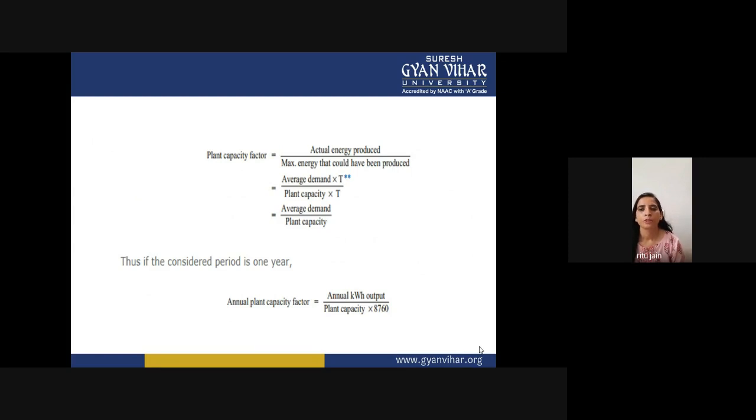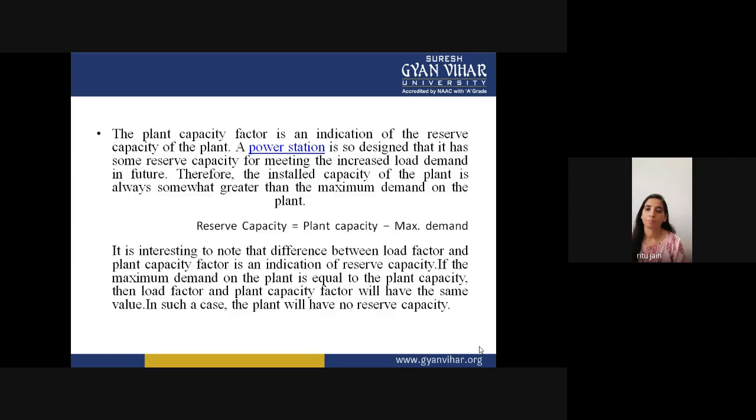Basically, the rated capacity of a plant is suppose 500 megawatt, but it is using only 400. It is producing only 400 megawatt. So this is your plant capacity factor.